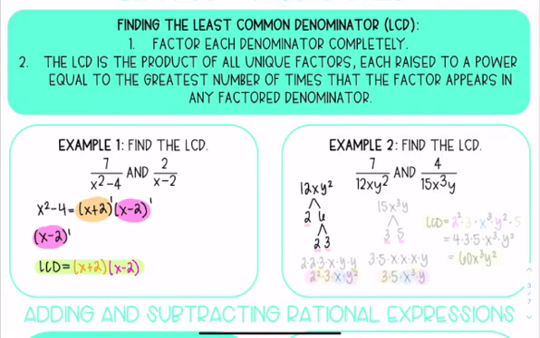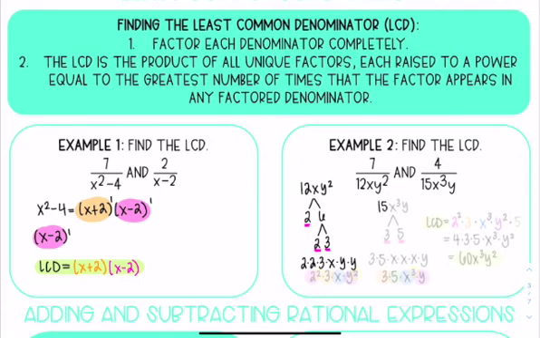And all of these are prime, so they can't be broken down any further. So when I write 12xy squared, that's like having 2 times 2 times 3 times x times y times y. I just expanded the entire thing.